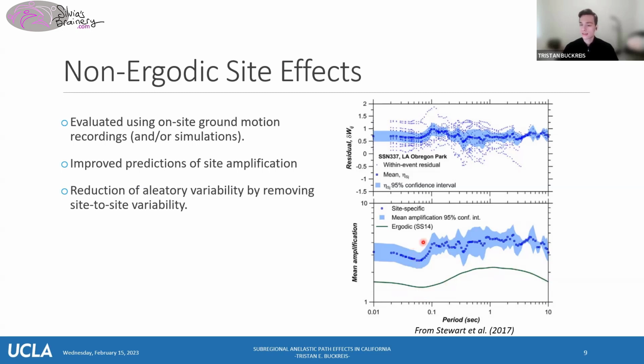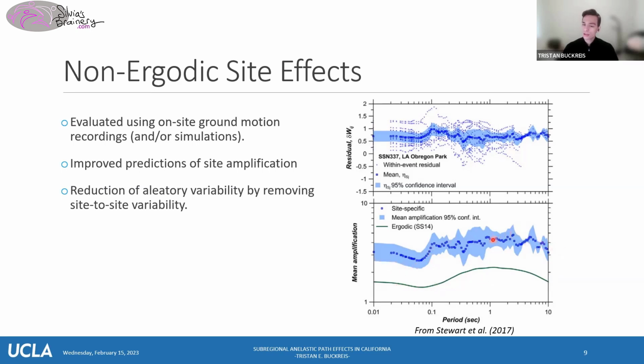In this case it's SS14, or Seyhan and Stewart 2014. When we add this site term, which averages around 0.5 to 1 or so, to the green curve, we see the actual amplification at the site, which is greater than what the ground motion model was predicting. But the general shape is there.